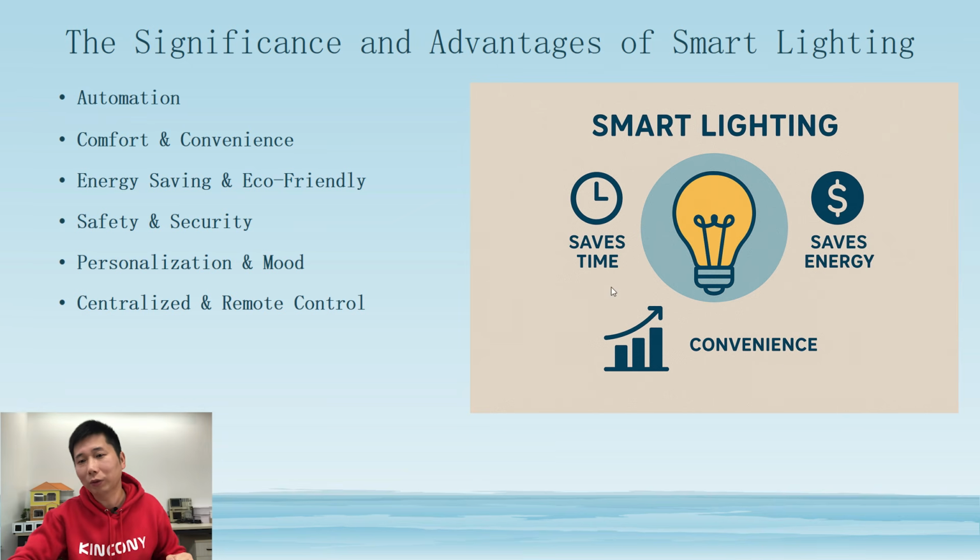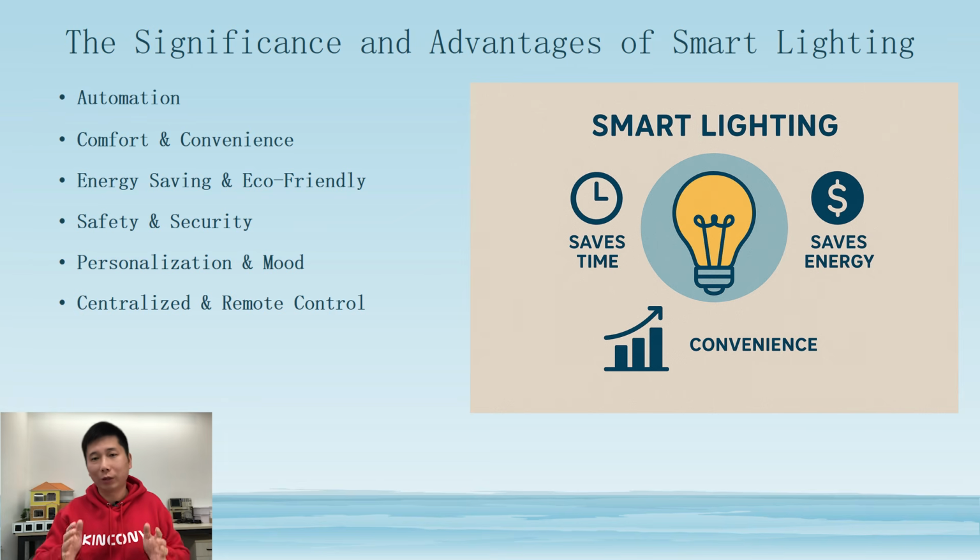If you want to see how it saves time, for example, if you go into a school with many classrooms, and every room has some lights, turning all the classroom lights off or on will take much time. Maybe you will go to the first floor, second floor, and third floor, to every room to turn the lights on when all students arrive. So this will take much time.